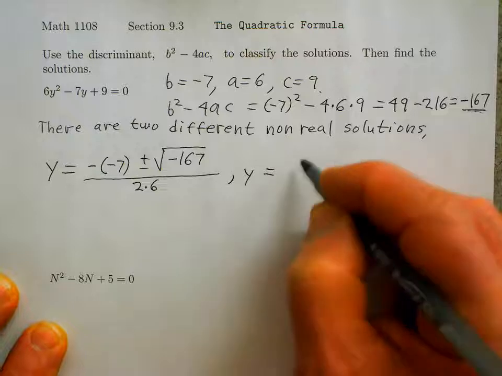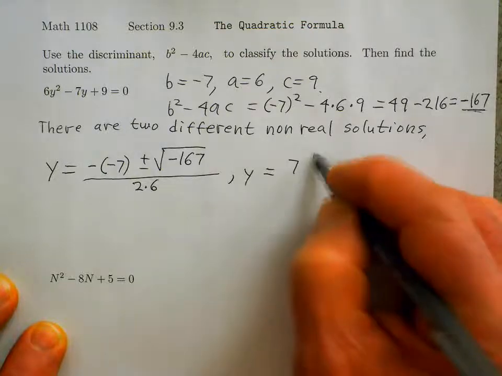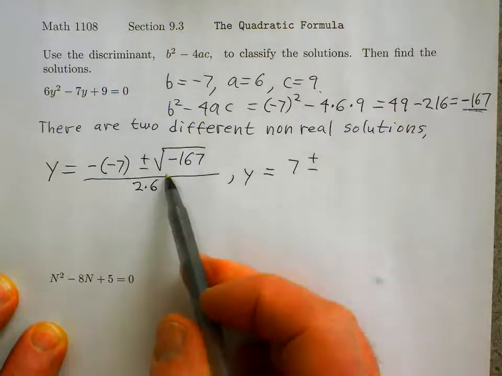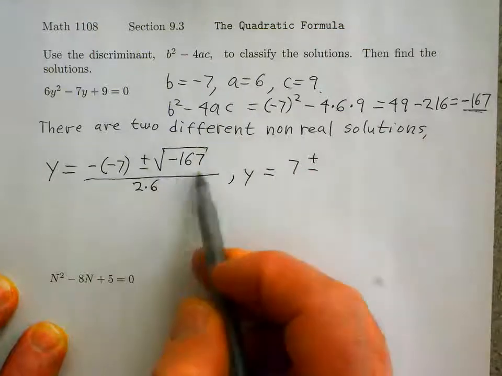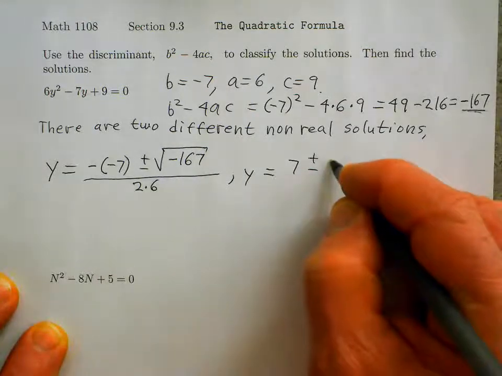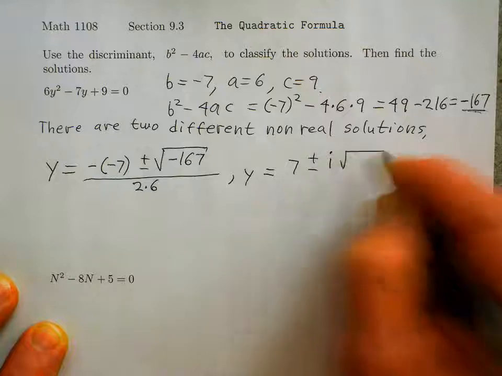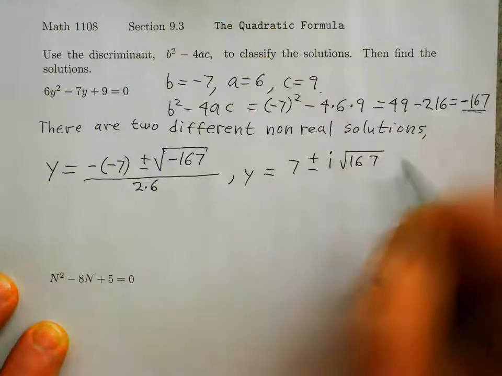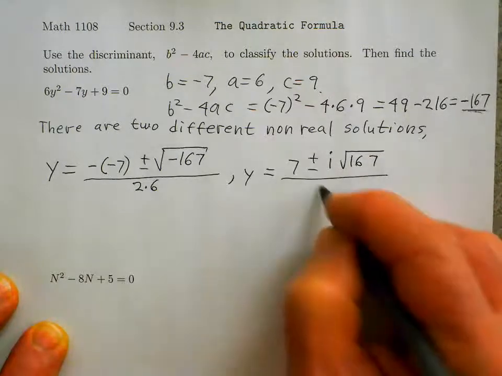So the negative of -7 is 7, and then we simplify the square root of -167 by writing i times the square root of 167, and then all divided by 12.